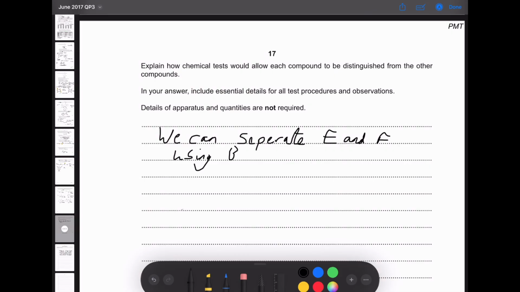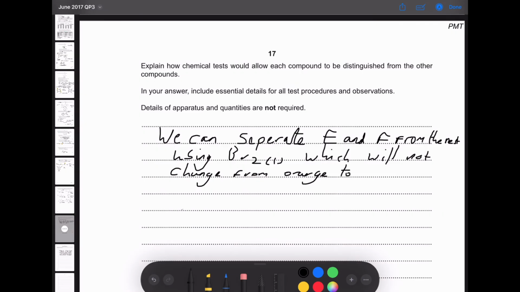We use bromine water, Br2, to separate E and F from the rest. We're not separating them from each other just yet. From the rest using bromine water, which will not change from orange to colourless, as no C=C double bond is present.